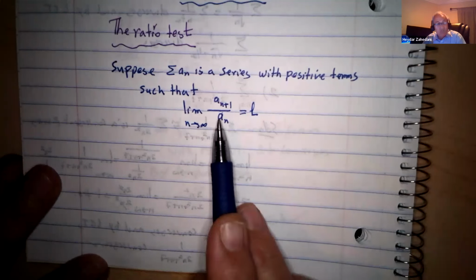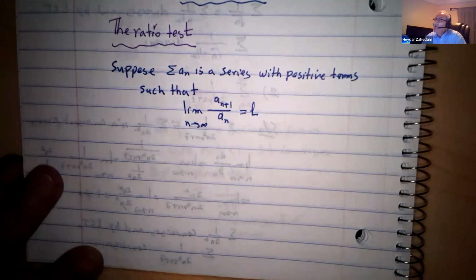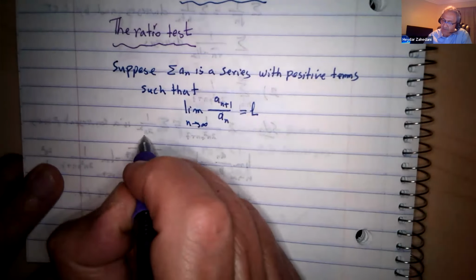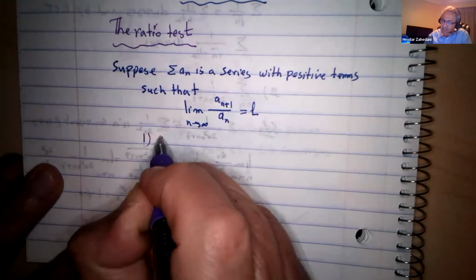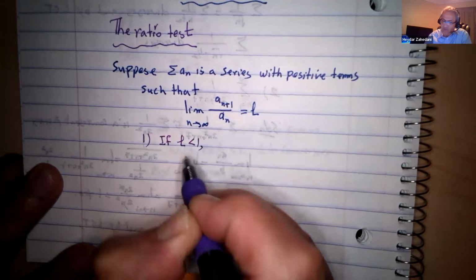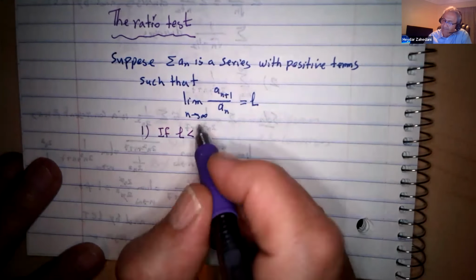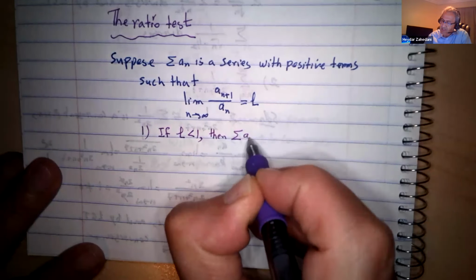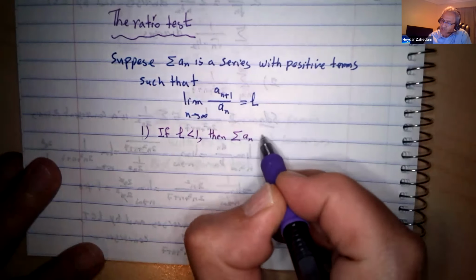So you get the ratio of two consecutive terms of your series, and you find it happens to be L. Now, it's like a geometric series. If L is less than 1, then your series is convergent. Very easy. Then sigma of an converges.